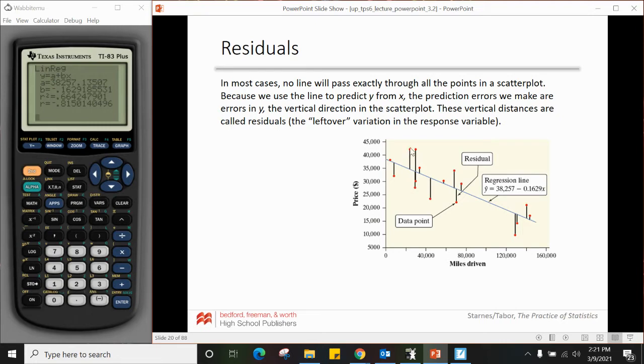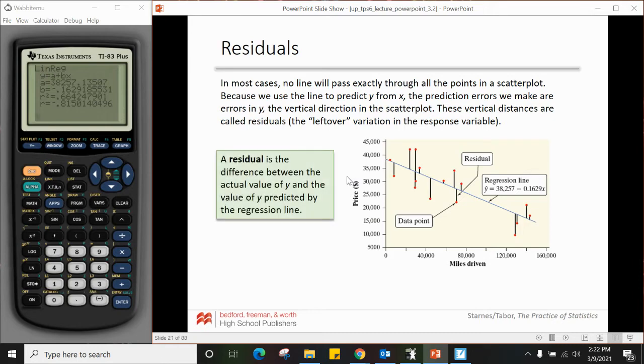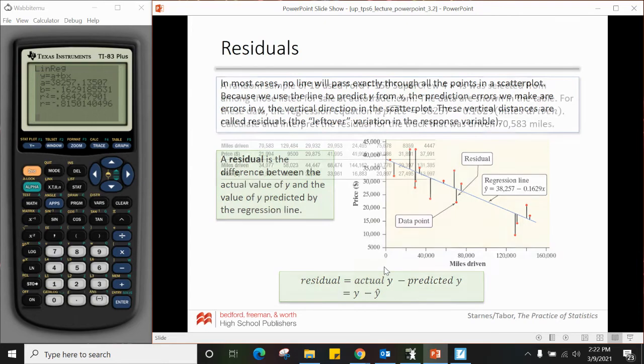If I have this point, my residual is how far I am from this point to my predicted value. We have this formula for a residual: a residual is the difference between the actual value of y and the predicted value of y by the regression line. Residual is actual y minus predicted, which is why it's y minus y hat.